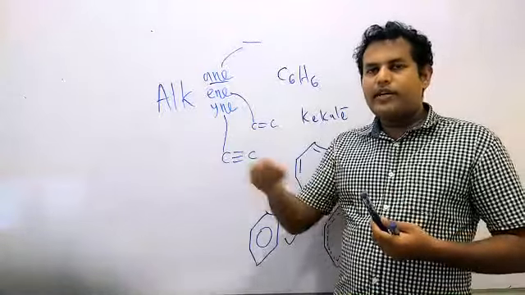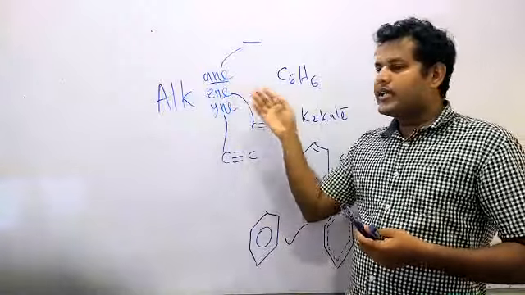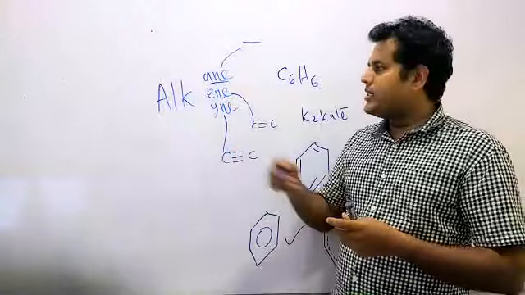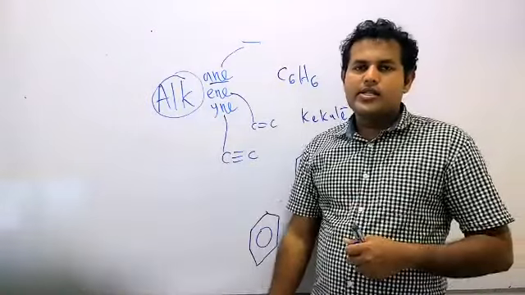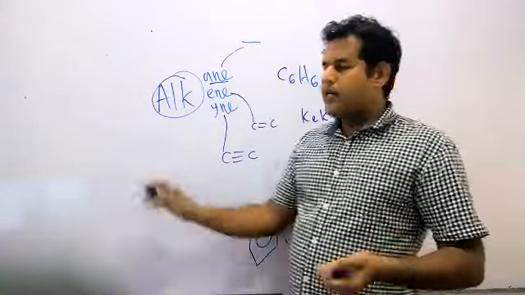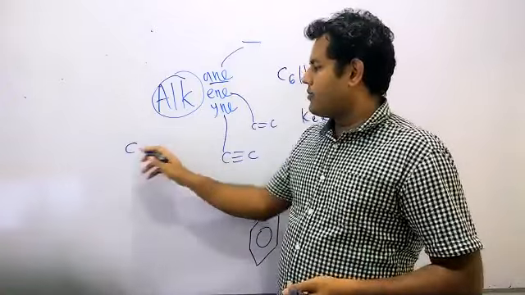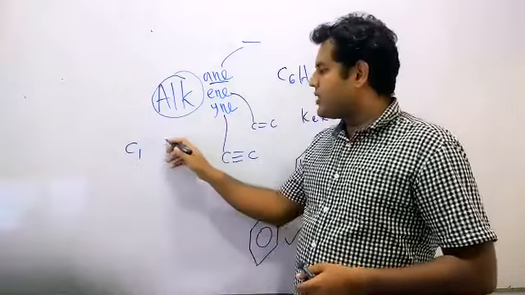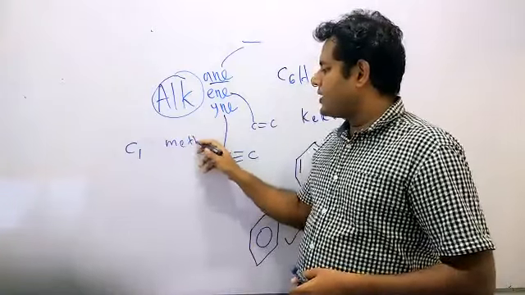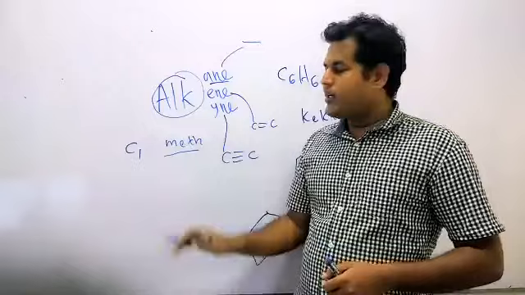And then we derived structures for alkanes, alkenes, and alkynes. Before that, I suggested that the prefix means the number of carbons, so I gave the names. Can you remember? For one carbon, what was the name? When you have a single carbon, the name was meth. This is very important to keep in your mind. Definitely you have to learn these terms by heart.